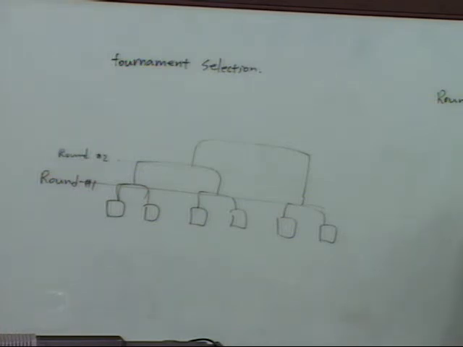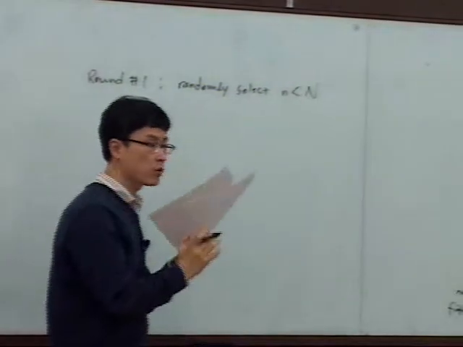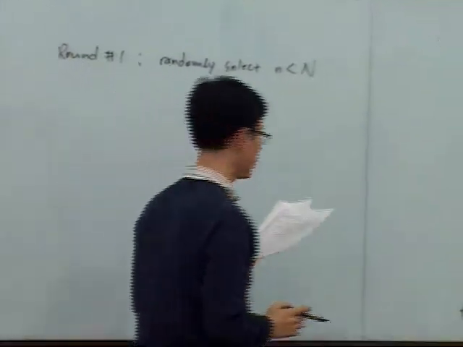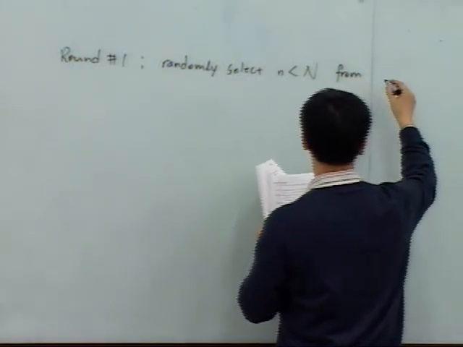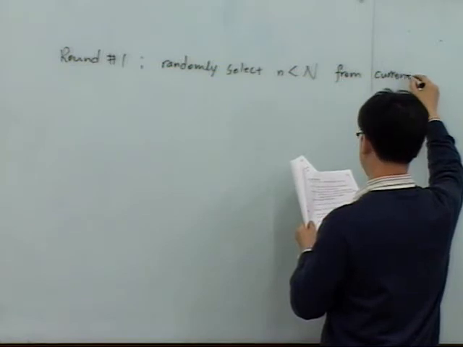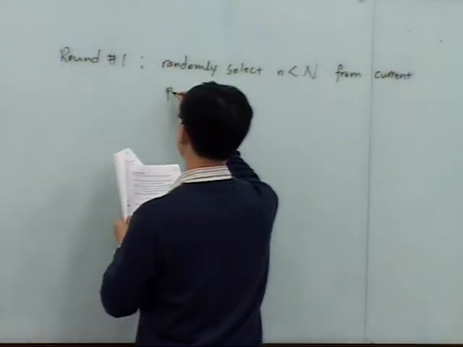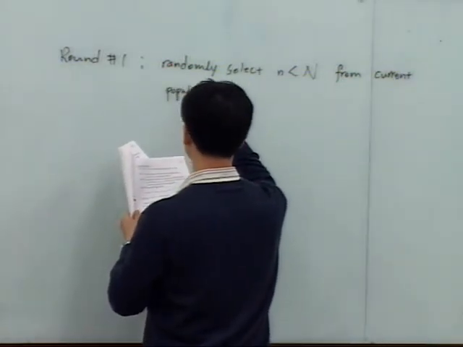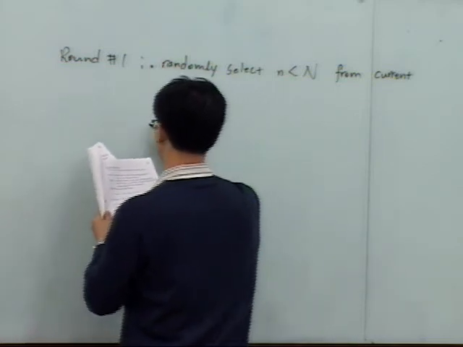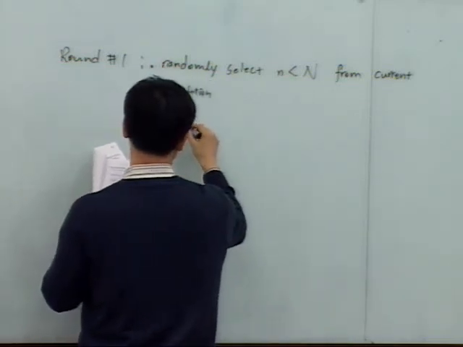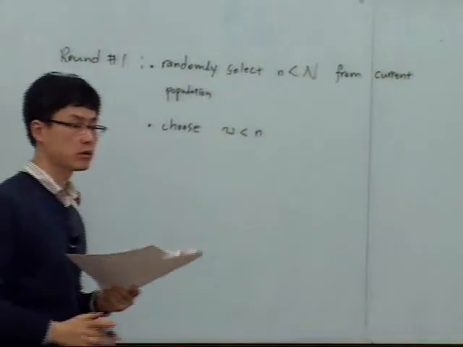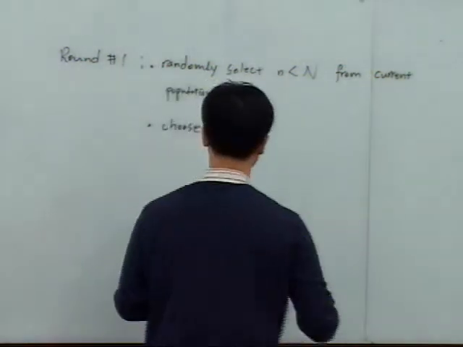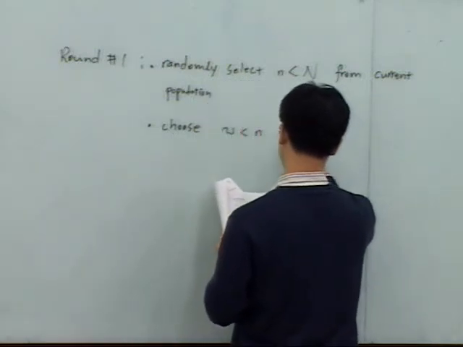Randomly select a small portion from the total population and also choose a much smaller number of chromosomes with best fitness.